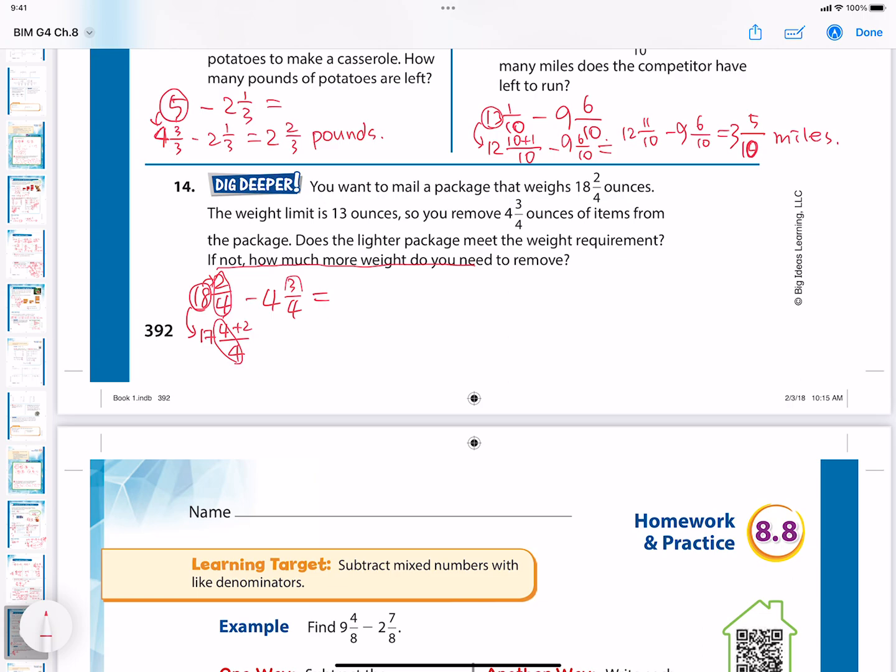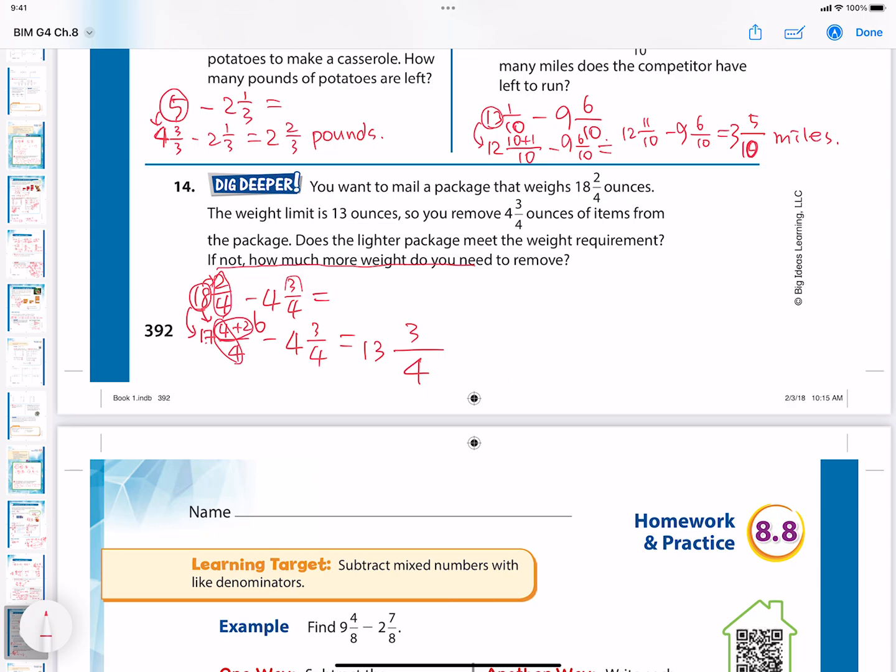So I just took 1 whole from 18. These 18 pies become 17 pies, and then 4 plus 2/4 slices I have left, okay? Take away 4 3/4. Since 4 plus 2 is 6, 6 take away 3 is 3/4. And 17 take away 4 is 13.